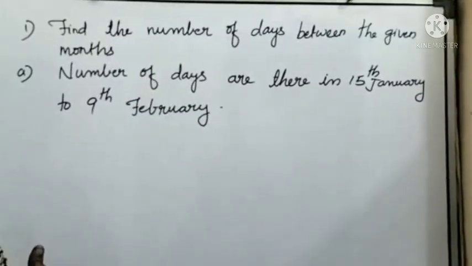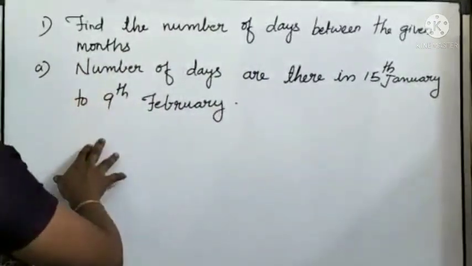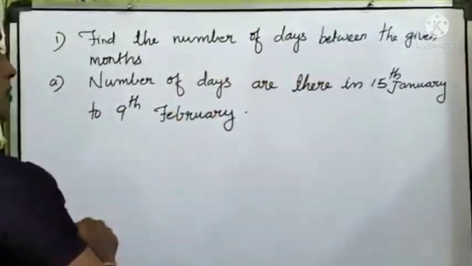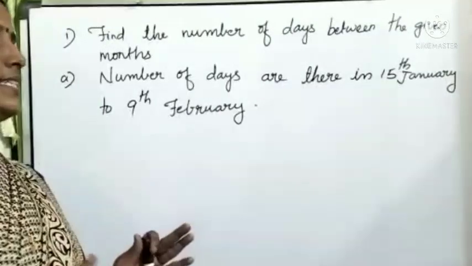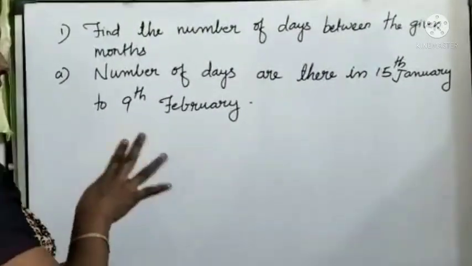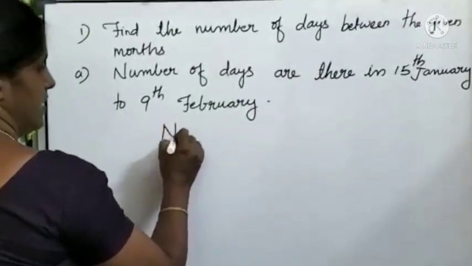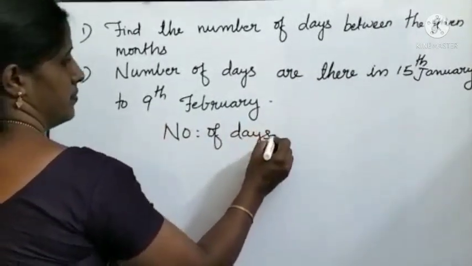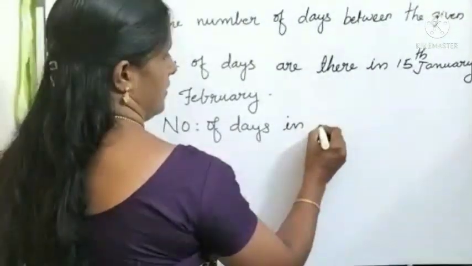So the question, find the number of days between the given dates. The first question, the number of days from 15th January to 9th February. We need to find out how many days are in between 15th January and 9th February. So first step, number of days in January.